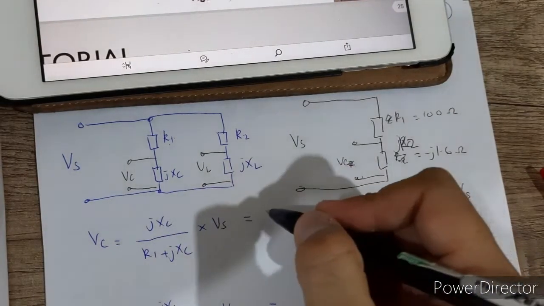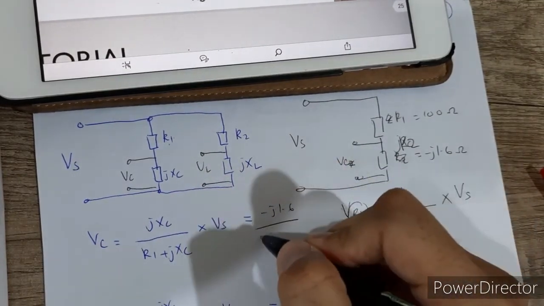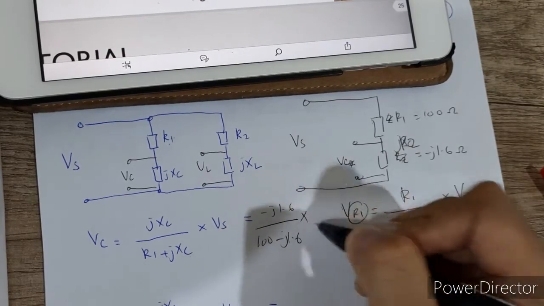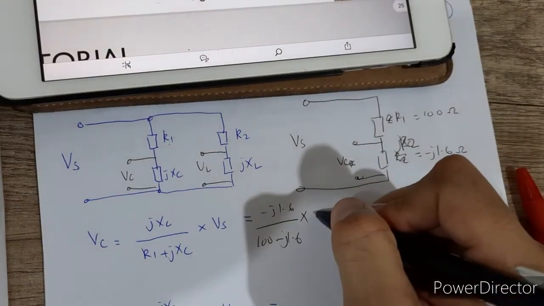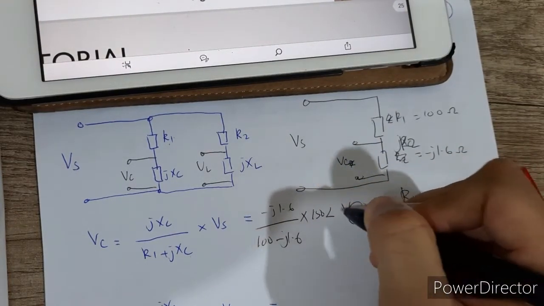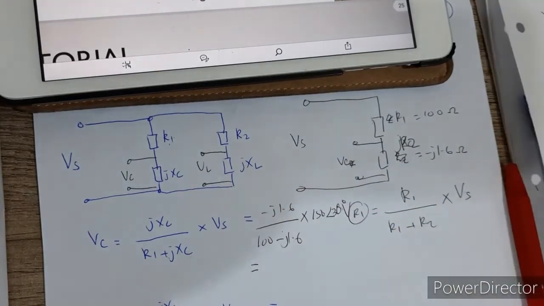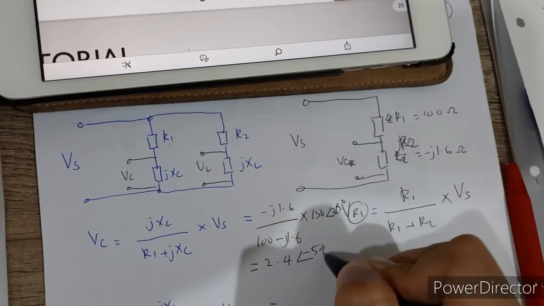So this one you have to include all the j, which is negative j 1.6 over R1, 100 ohm, minus negative j 1.6, multiplied by the voltage. For the voltage you have to insert the magnitude and angle, 150 angle of 30 degrees. So the answer should be 2.4 angle of negative 59 volt.